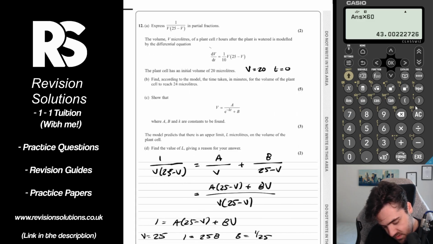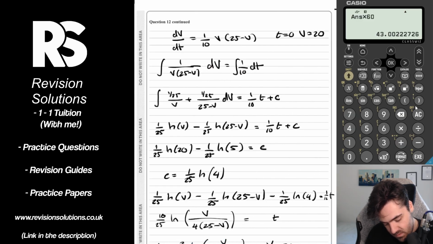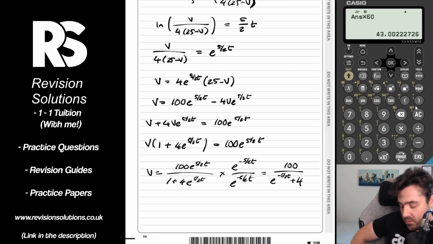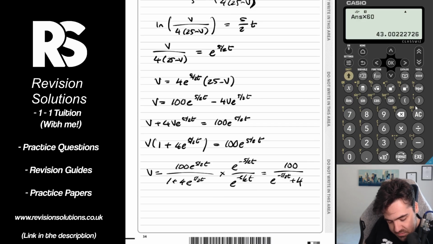Then the last bit, it says the model predicts that there is an upper limit L microliters on the volume of the plant cell. Find the value of L. So if we look at our function here, it's a fraction overall. If we'd like it to be as large as possible, we want our denominator to be as small as possible. And the smallest we could make it is, well, we can't actually make this negative.